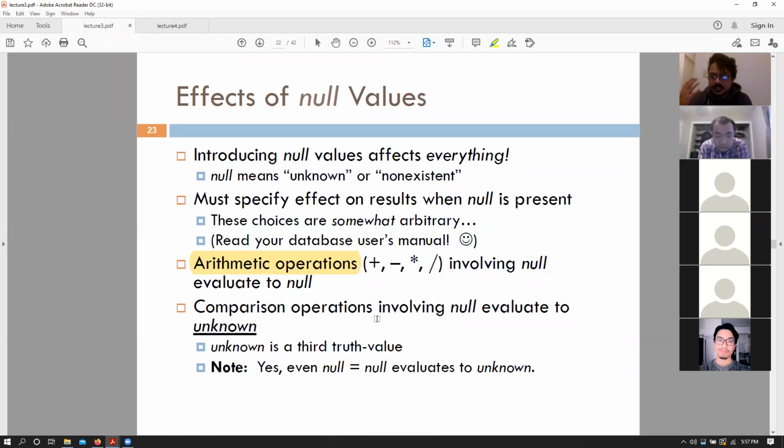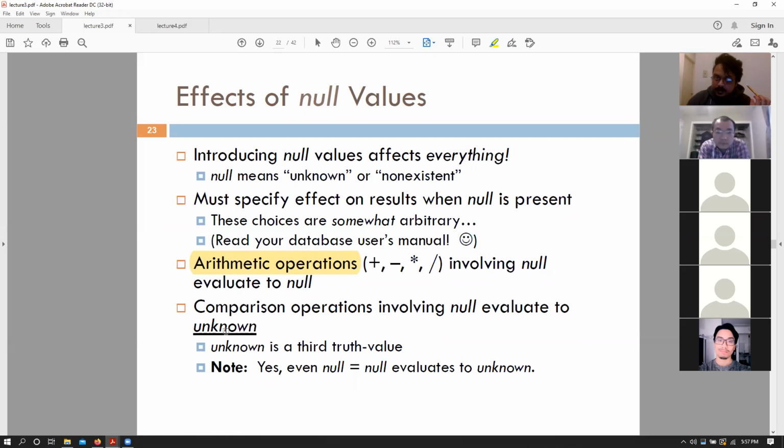For example, for a summation, let's say 5 plus 8 gives you 13, plus 7 gives you 20, plus null, that's null. So everything becomes null, right? So 5 plus 8 plus 7 plus null is null. That also applies to your other arithmetic operations as well. So that is how arithmetic operations take care of null values.